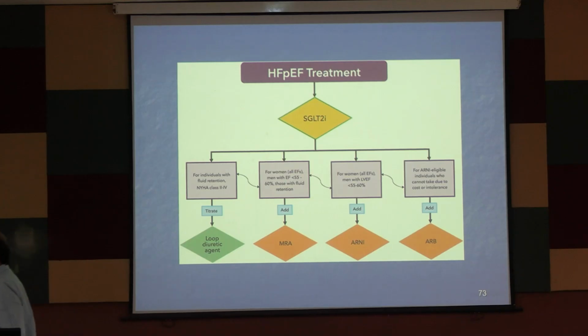So, initiation of SGLT2 inhibitors in case of heart failure with preserved ejection fraction. Then in case of fluid retention with NYHA functional class 2 to 4, titration and supplementation. Ejection fraction less than 55 to 60, and in female irrespective of ejection fraction, addition of MRA.